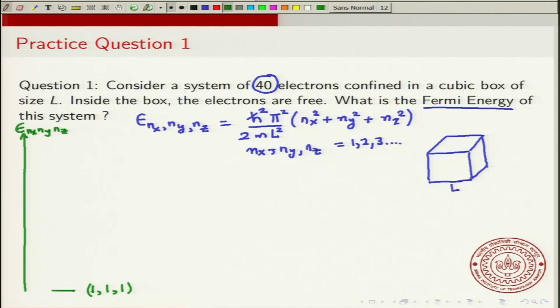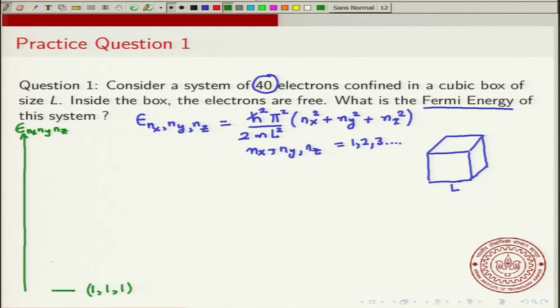The next highest energy level: in this case you need to find the next highest value of nx, ny and nz, and the next highest energy corresponds to nx equal to 2, ny equal to 1, nz equal to 1, or nx equal to 1, ny equal to 2, nz equal to 1, or nx equal to 1, ny equal to 1, nz equal to 2.